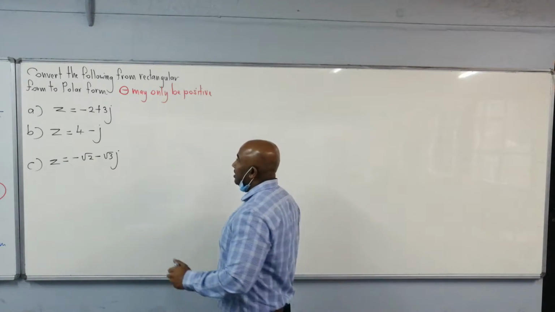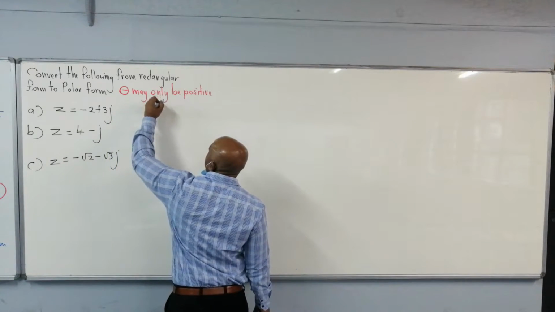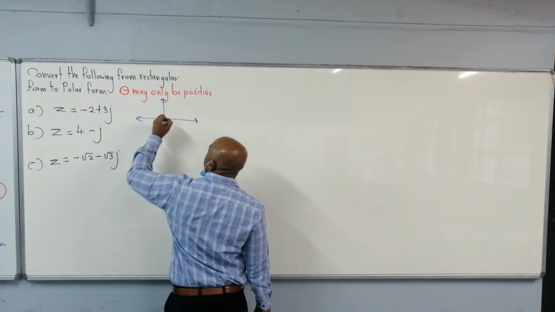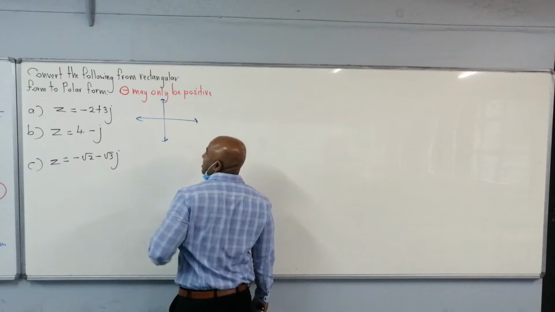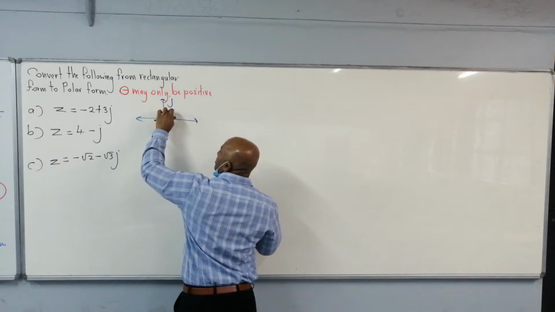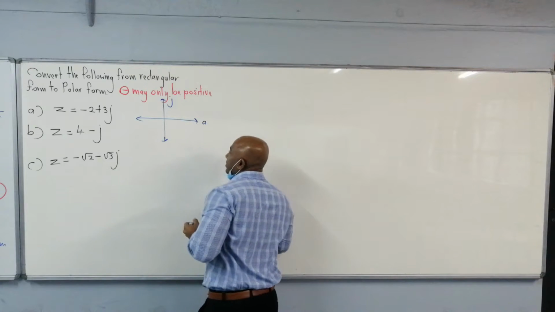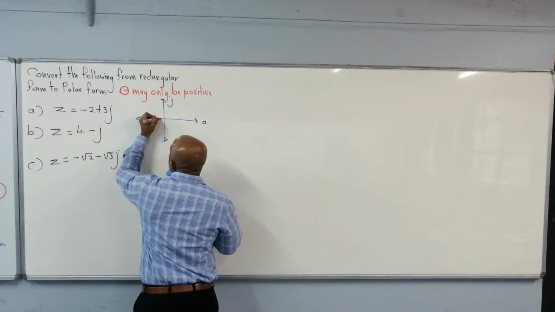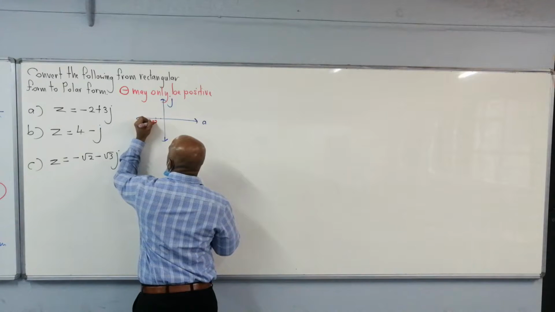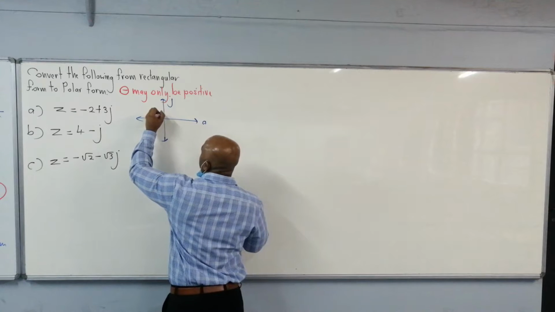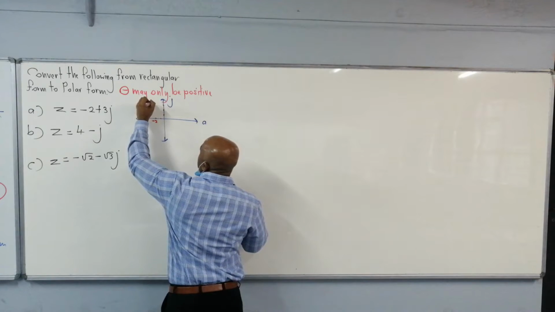Always do a rough sketch to check which quadrant minus 2 plus 3j lies in. So you know to write down j for your imaginary axis, a for your real axis. So what do we have here? Minus 2, so there's minus 1, minus 2. So there is minus 2 here. And we have 3, so that will be 1, 2, 3.